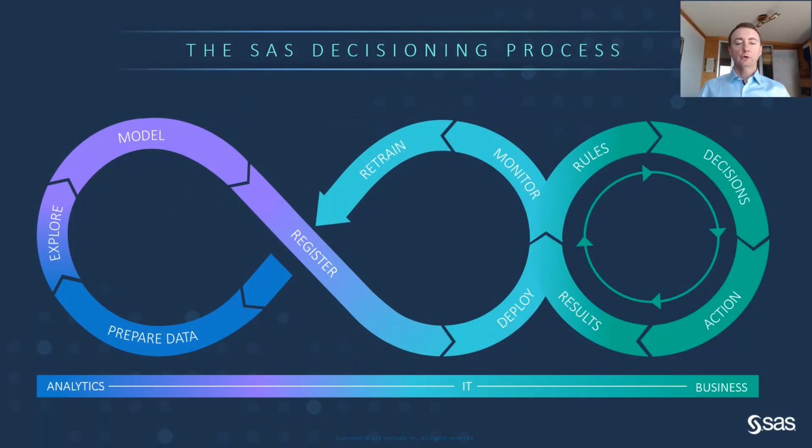So when we take a look at the SAS decisioning process, which has the model building part on the left, the model management part in the middle, and the decisioning part on the right, when we speak about communication and interpretation of machine learning models, we know that we move from modeling to the area where our models are used for decisioning process, where they generate decisions and where they generate actions for the operational business.